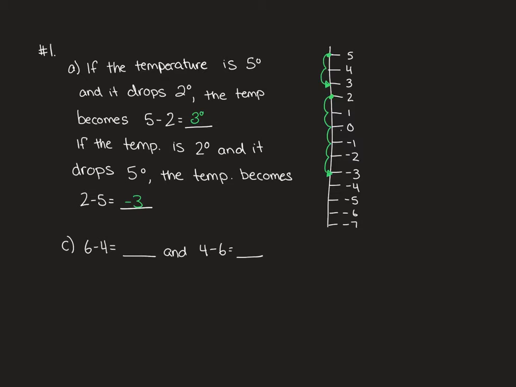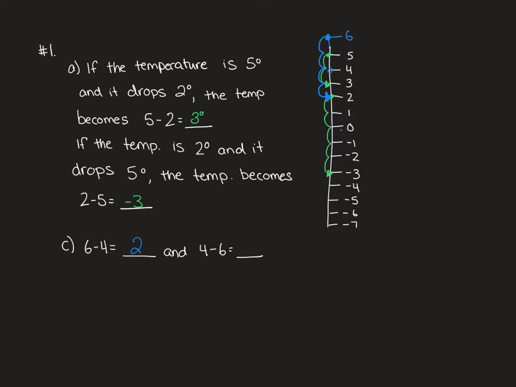Eventually, they'll start wording them so that it's just two number sentences. So 6 minus 4 equals and 4 minus 6. So I'm going to use blue this time to help keep track. And I need to add a positive 6 to the top of my temperature. So if I start at 6 and I subtract 4 degrees, so I go down 1, 2, 3, 4. So I would end up at +2.